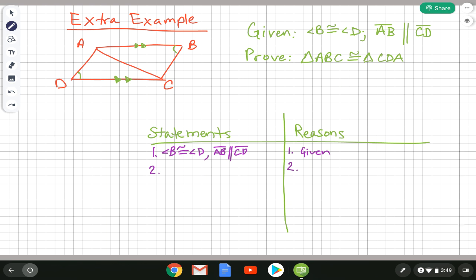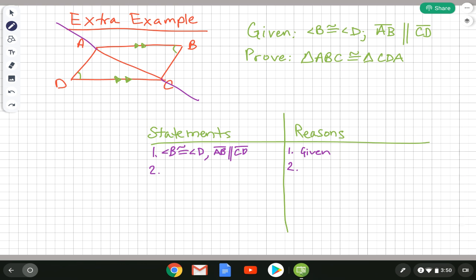So if you look at these parallel lines and you pretend that the diagonal that's splitting this quadrilateral into two triangles, if you extend that out a little bit, you can see that could be a transversal.